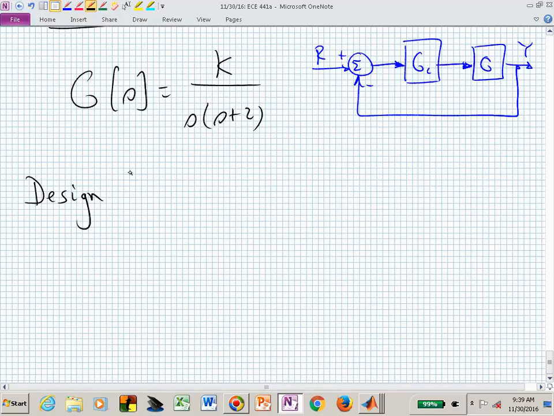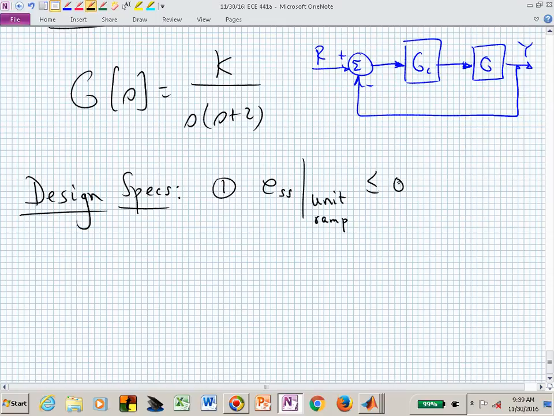Suppose somebody now says, here's what I want you to accomplish in the closed loop by introducing a controller g sub c. Suppose they say, 1, I want a steady state error due to a unit ramp to be less than or equal to 0.05. And then let's say they also want a phase margin greater than 40 degrees.